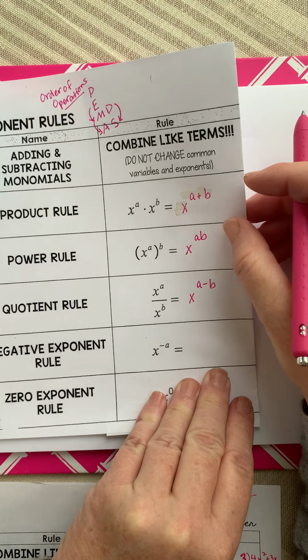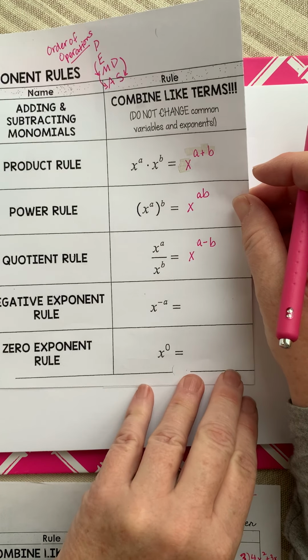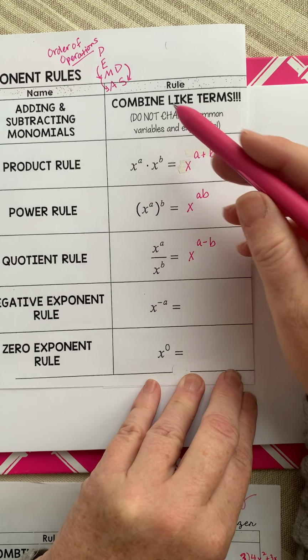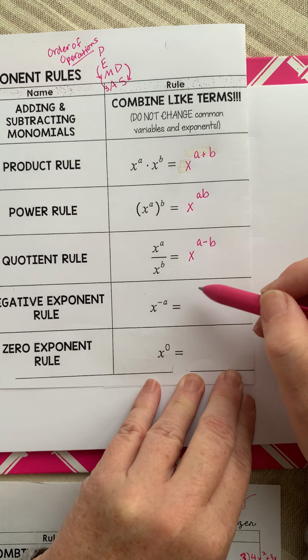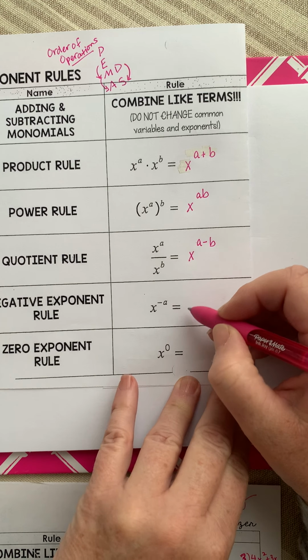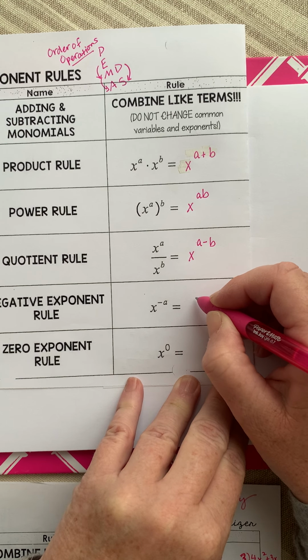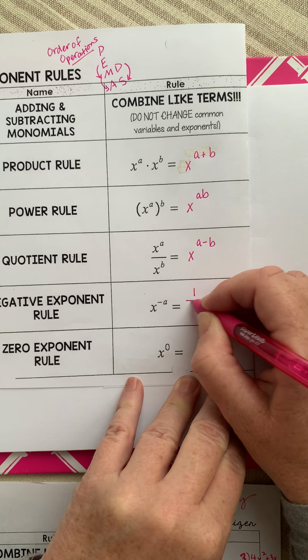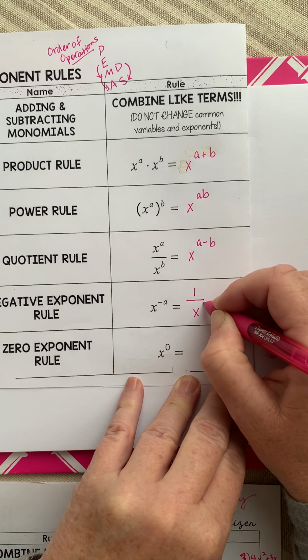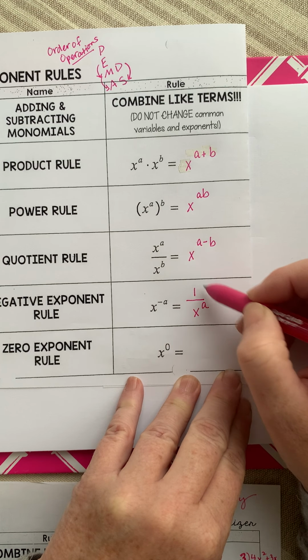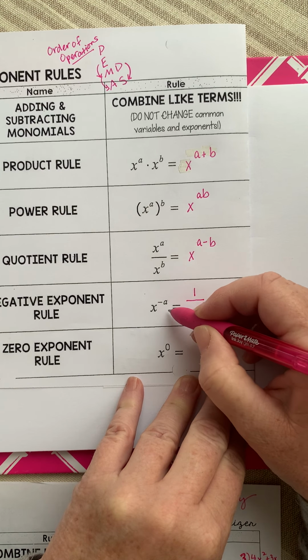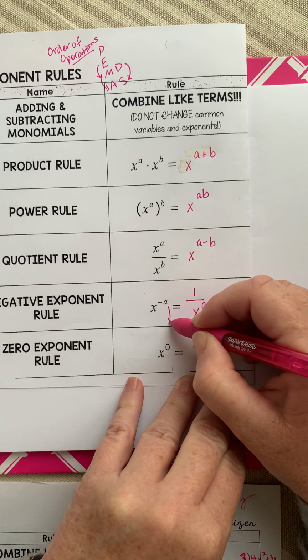These last two are just special cases, and they don't actually fit into the order of operations memory device. But you probably remember when we have a negative exponent, what does that mean? That means that we take the item and we put it in the denominator, but the exponent becomes positive. So if you have a negative exponent and it's in the top, it goes down.